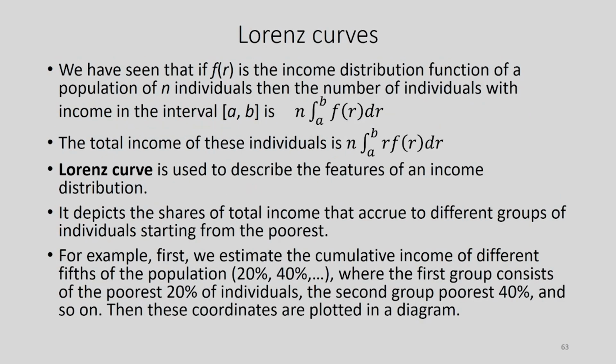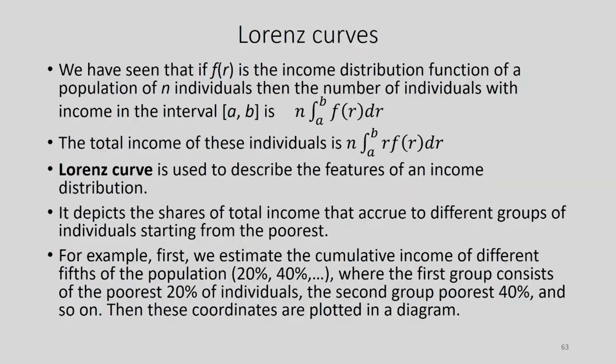Now we come to one application of what we have learned so far in terms of definite integrals and their various properties. This is the application in what are known as Lorenz curves, and it has something to do with the distribution of income in a country, in an economy.